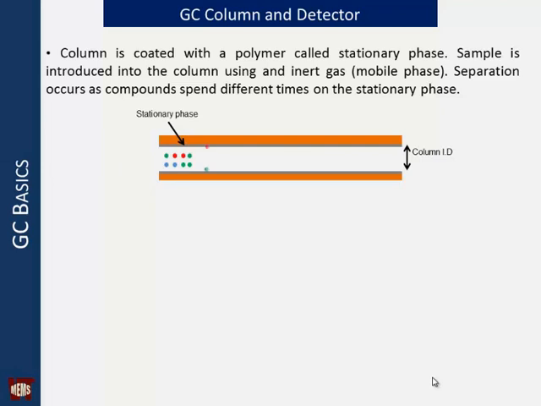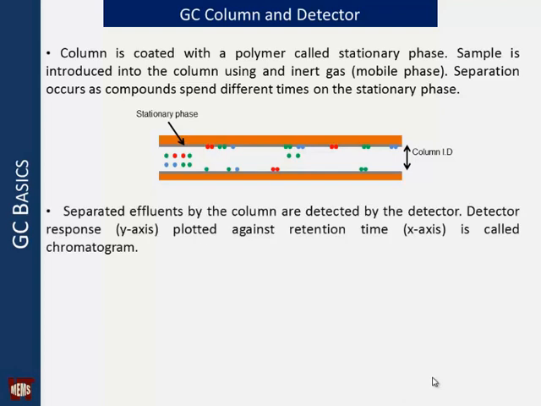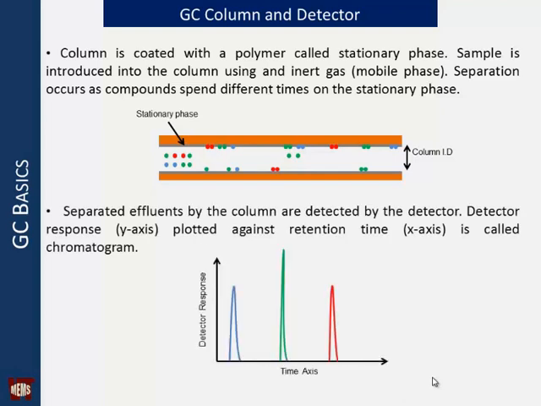The mixed gas goes through this and interacts differently with the stationary phase, and at the end it gets separated over time and space, and it can pass over a detector, and then a chromatogram is generated. The retention time, or the time that the compounds spend in this separation column, can be used to determine which compound is present in the sample.